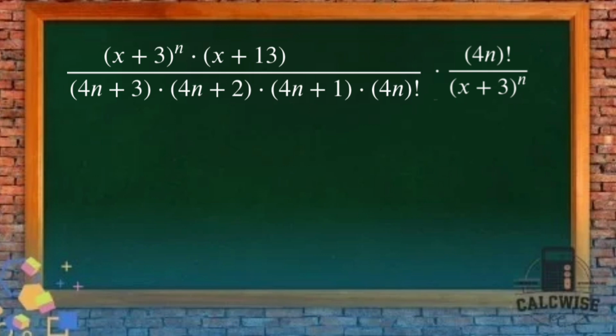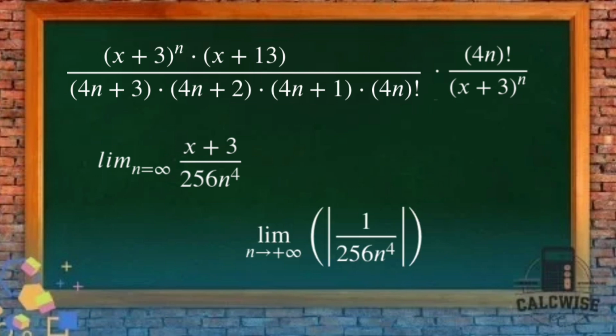And then, let's cancel (x plus 3) raised to n and (4n) factorial. The constants here are insignificant, so let's multiply the remaining, which is 4n times 4n times 4n times 4n, equal to 256n raised to 4. So this is equal to the limit as n goes to infinity of the absolute value of 1 over 256n raised to 4 times (x plus 3).